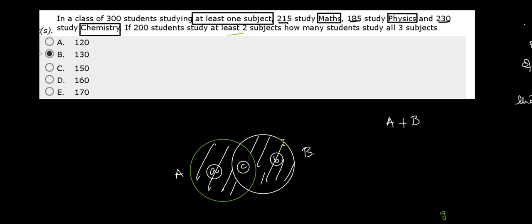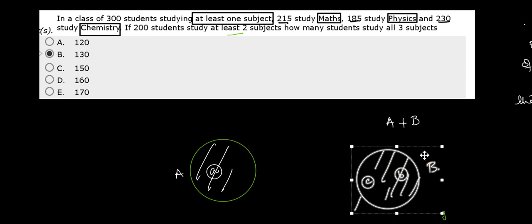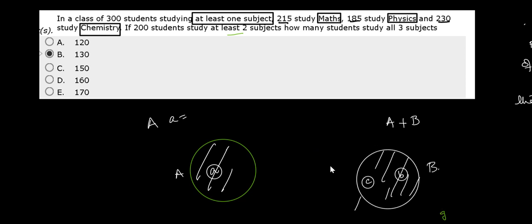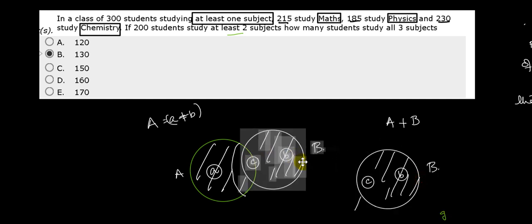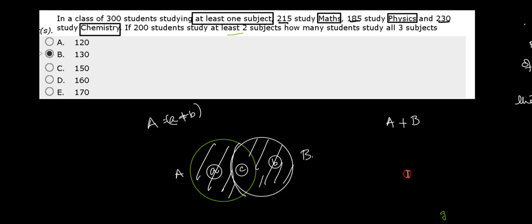But if I move this out, when I'm counting A, I'm counting A plus C, so I already have counted this area once. Now when I count B again, I am bringing this area again, right?